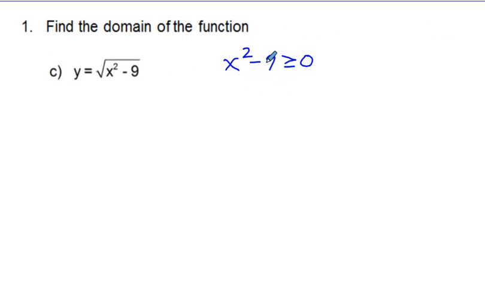One thing we can do is factor the left side of this inequality using difference of squares: quantity x minus 3 times quantity x plus 3 is greater than or equal to 0.